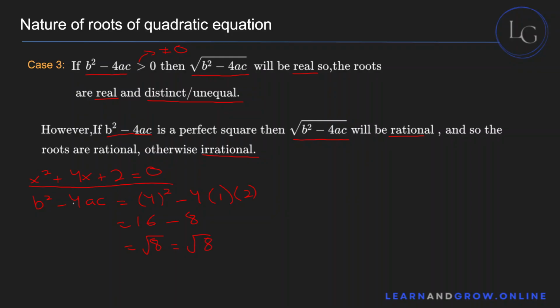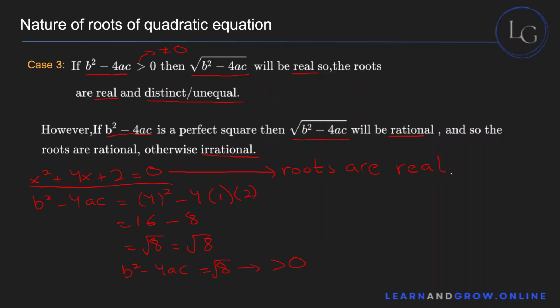So the roots of this equation, well, under root 8 is a positive number. So b square minus 4ac is equal to 8, which is greater than 0. So the roots are real. This is case 3.